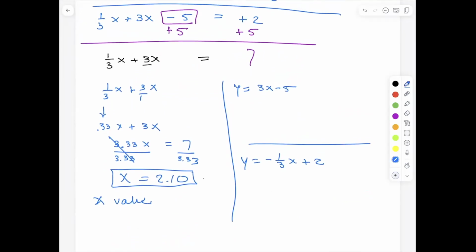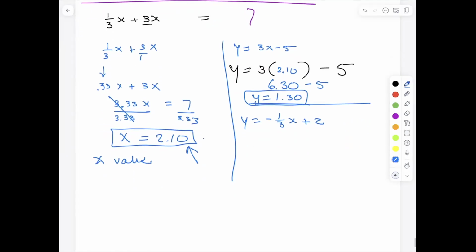So I'm going to replace x with what? y is equal to 3 times something minus 5. What is the value of x? 2.10. Good. So 3 times 2.10 is going to give me 6.30 minus 5, and this is going to give me 1.30. y is equal to 1.30.